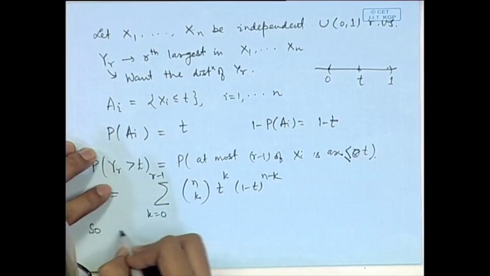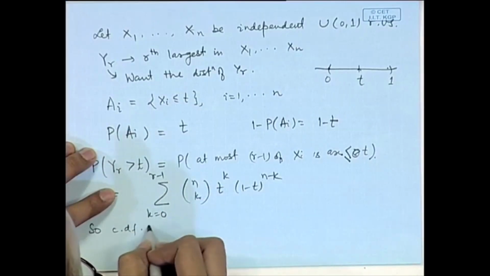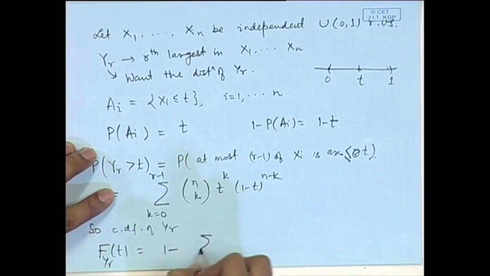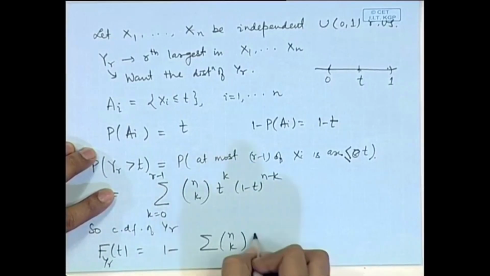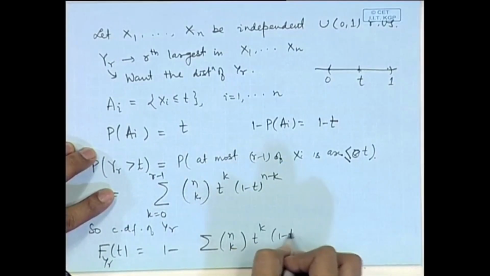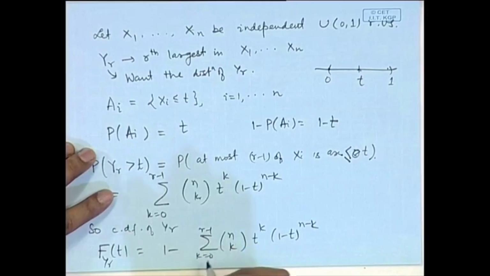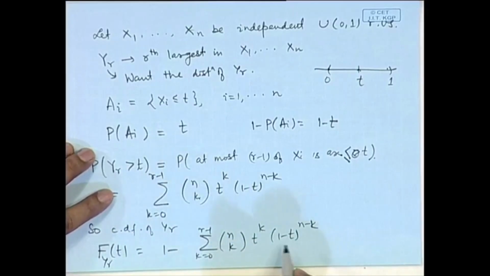So, the cumulative distribution function of Y_r is then obtained as 1 minus the sum of nCk t to the power k (1 minus t) to the power n minus k, k equal to 0 to r minus 1. The density function of Y_r can be obtained by differentiation of this term.